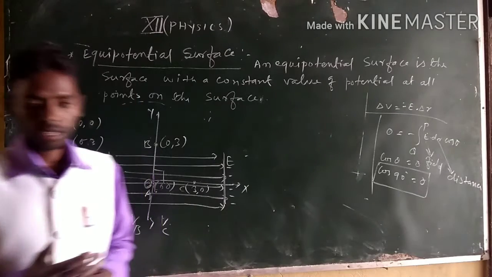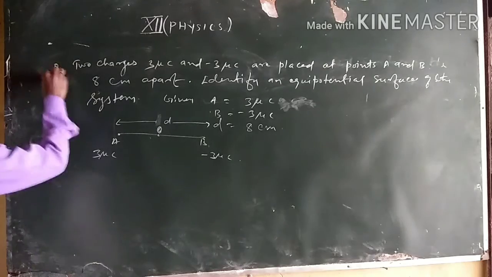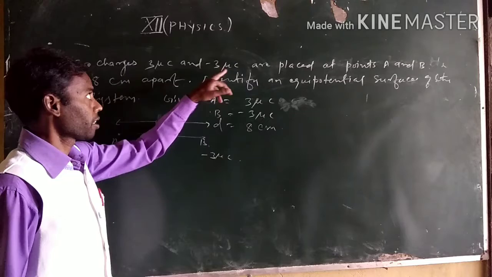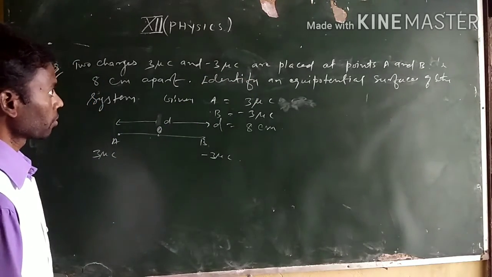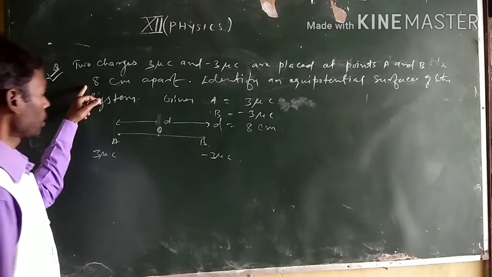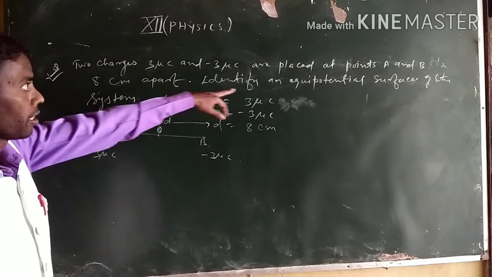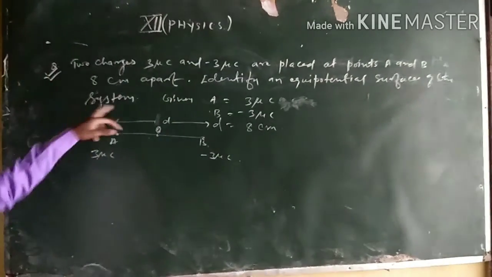Let's see one question for this. Two charges, 3 microcoulomb and minus 3 microcoulomb, are placed at points A and B, 8 centimeter apart. Identify an equipotential surface of the system.